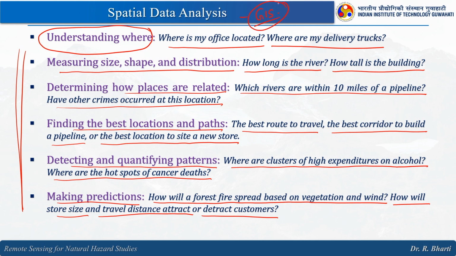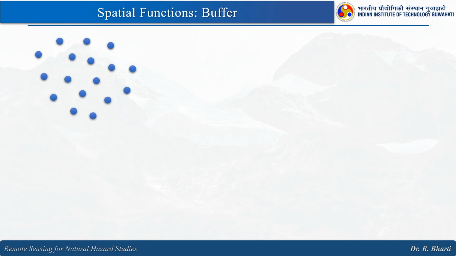And once we talk about GIS, we have geospatial or spatial or geographic data, right. And once we have the spatial or geographic data, we can perform spatial data analysis, and this can be understood very well. So, this is one of the examples of spatial functions which is possible in the GIS environment.